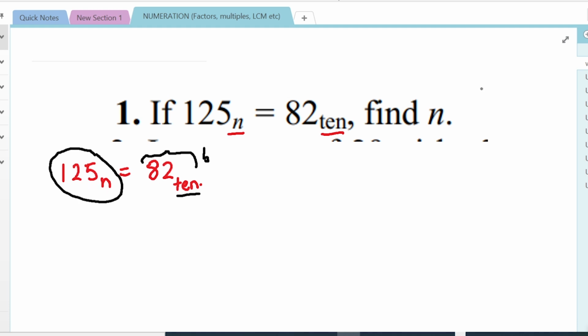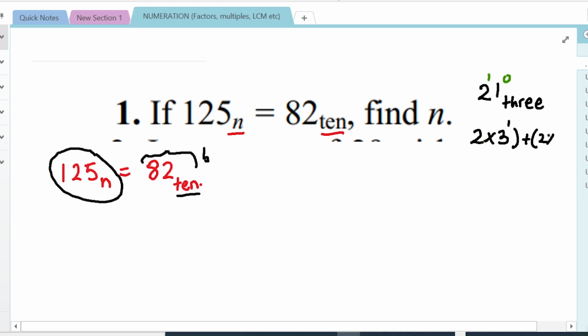Now, if you've been told 21 base 3, let me just do this as side work. Converting 21 base 3 to base 10 would mean you would say it's going to be 2 times 3 to the power, of course, you assign these powers. This is to the power 0 and that is to the power 1. So it means this will become 2 times 3 to the power 1 plus 1 times 3 to the power 0.